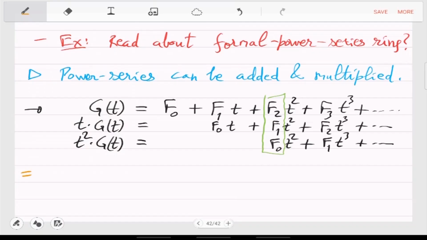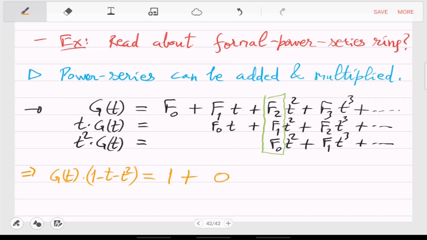So you will get G(t) times (1 minus t minus t square) is equal to F0 plus (F1 minus F0)t. We can just simplify this, right? F0 is 1, F1 and F0 will cancel, and everything else is 0. Is that clear? So this is a drastic simplification from this infinite object.